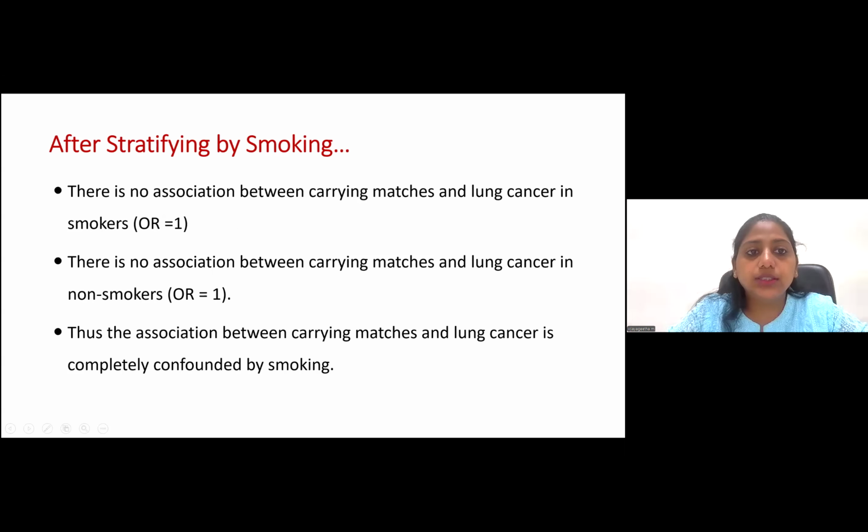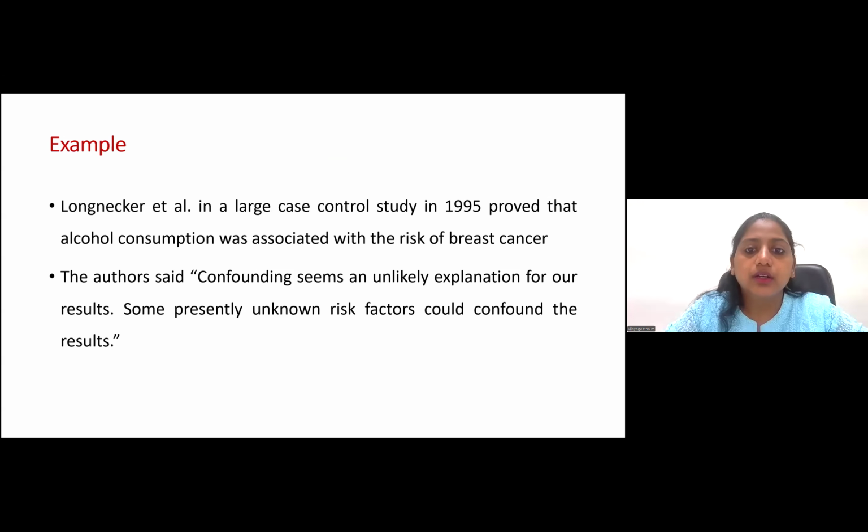So what does this mean? That there is no association between carrying matches and lung cancer in smokers, and there is no association between carrying matches and lung cancer in non-smokers as well. So thus, the association between carrying matches and lung cancer is completely confounded by a third variable or extraneous variable, which is smoking here. Okay.